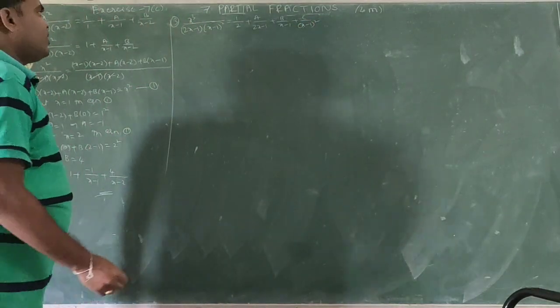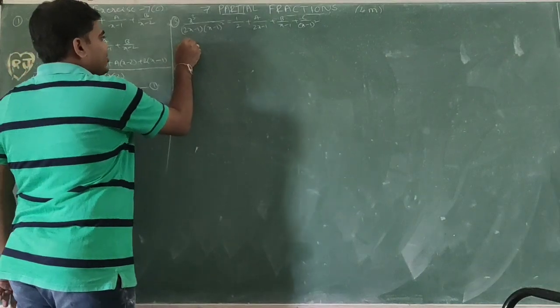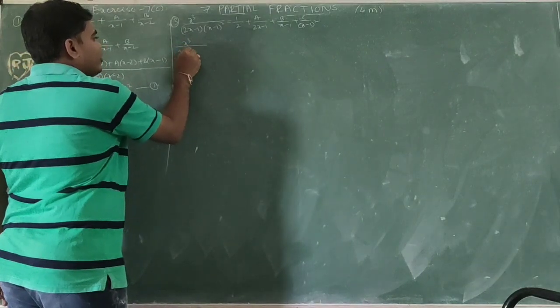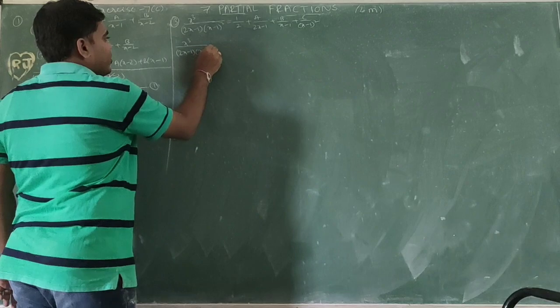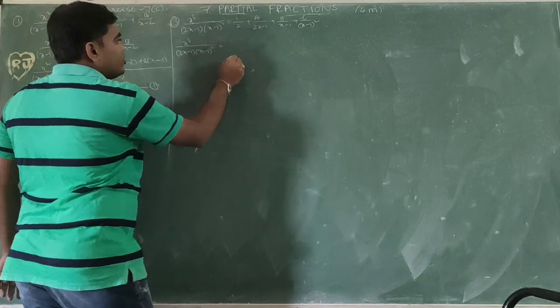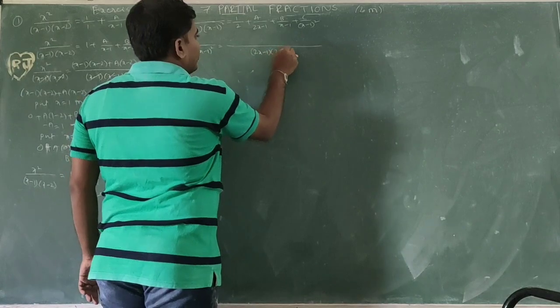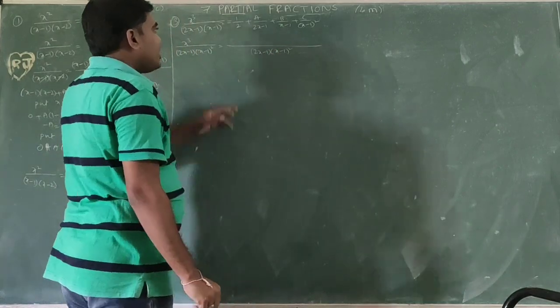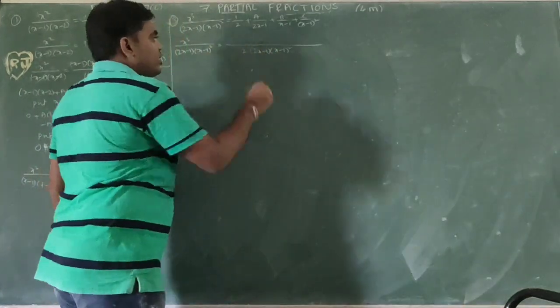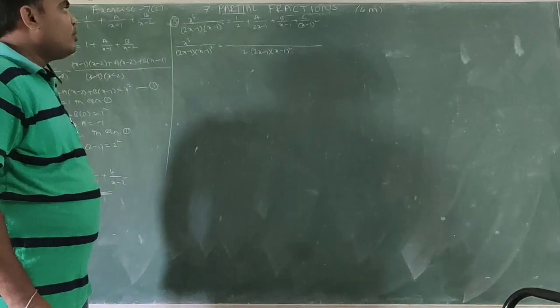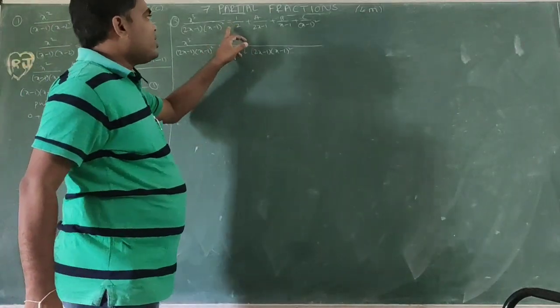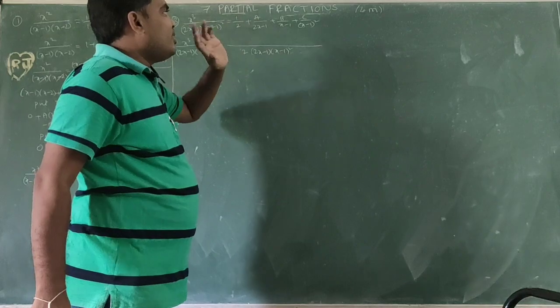Now I want to simplify. Taking LCM, x cube by (2x minus 1)(x minus 1) whole square equals, previously it is, but here it is 2, so 2 also will come. We must write other than what is in the denominator.